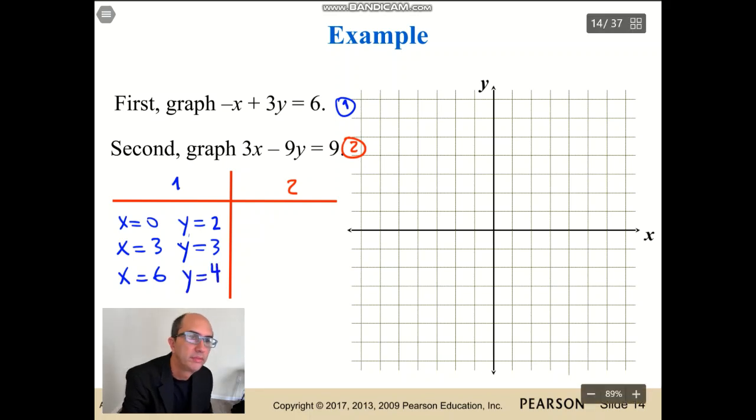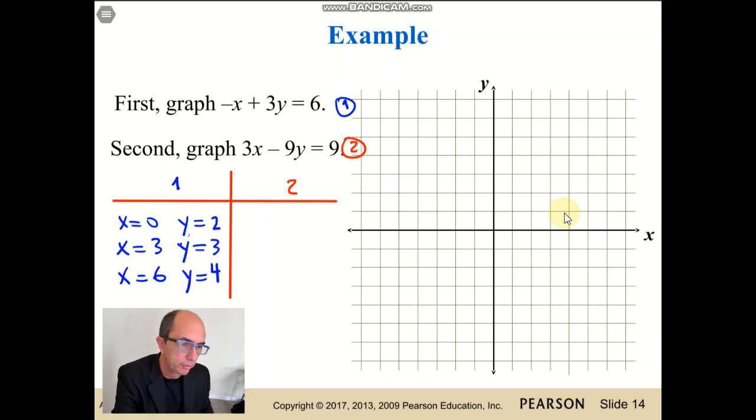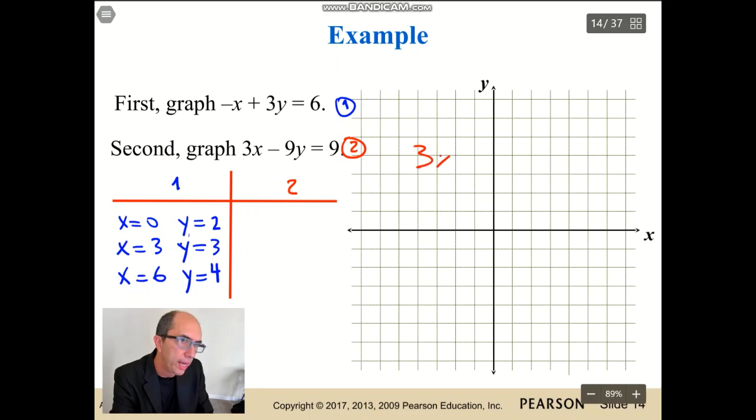Now the second equation, 3x. Let's use this as scratch paper. 3x minus 9y equals 9, right? Then let's try x equals 0. Plug in 0: 0 minus 9y equals 9. Divide both sides by negative 9. Y equals negative 1.